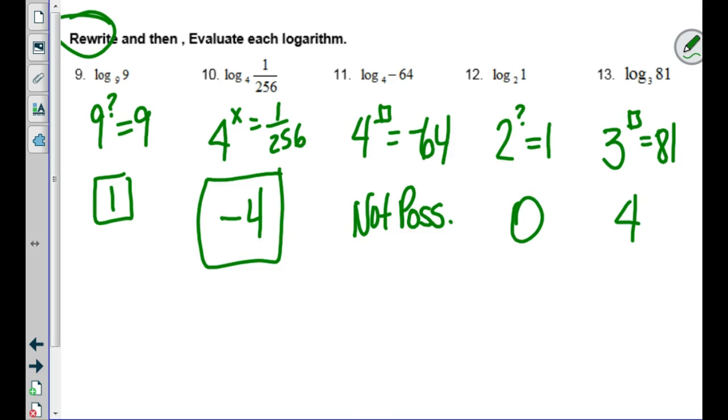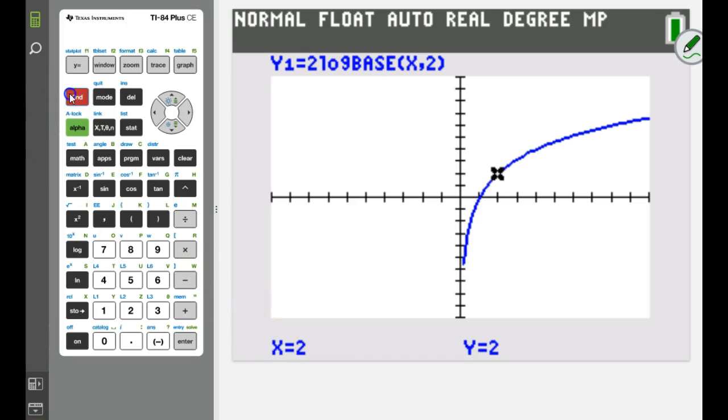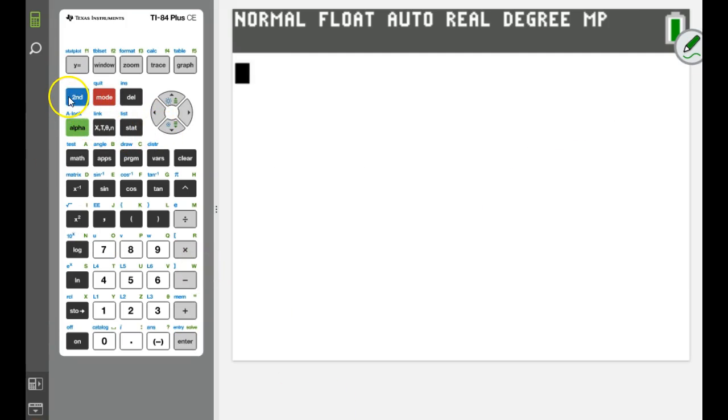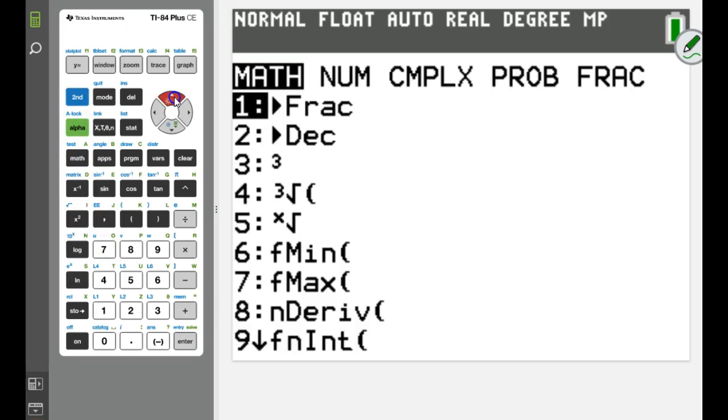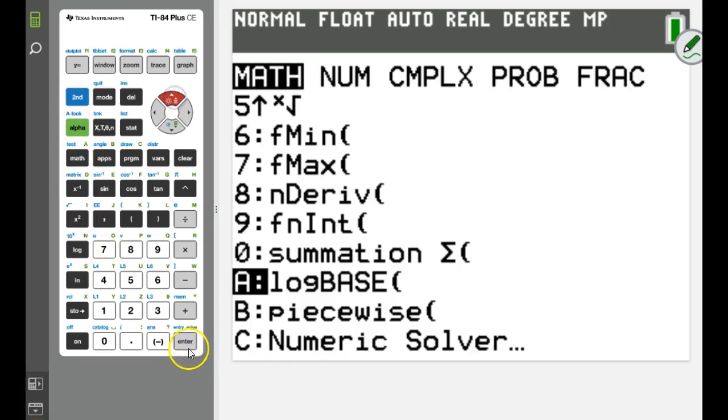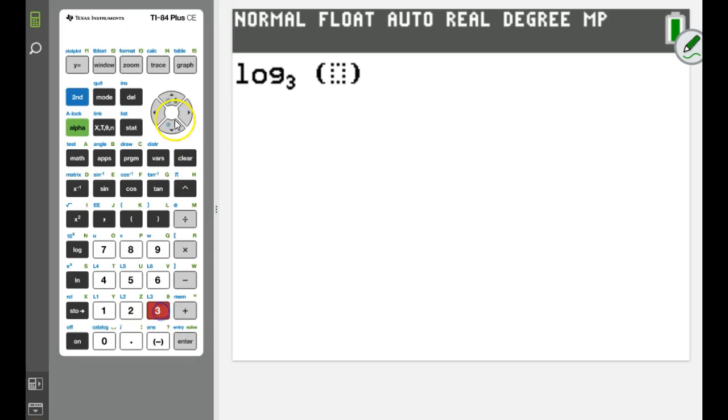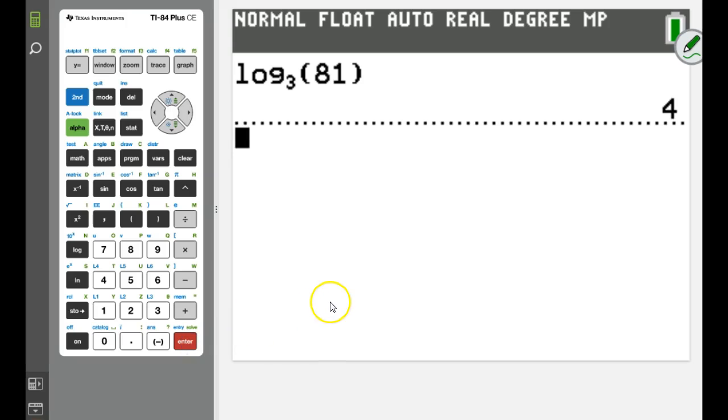Does everybody know what I'm talking about when I'm saying you could just type those in? What was the last question, guys? It was log base 3 of 81. Everybody good? Okay.